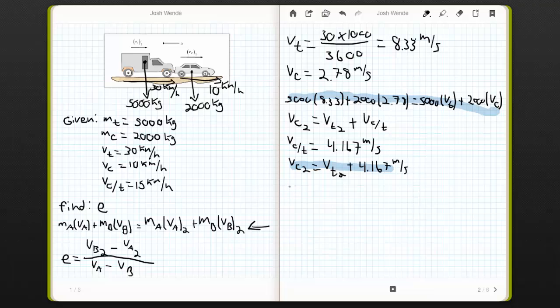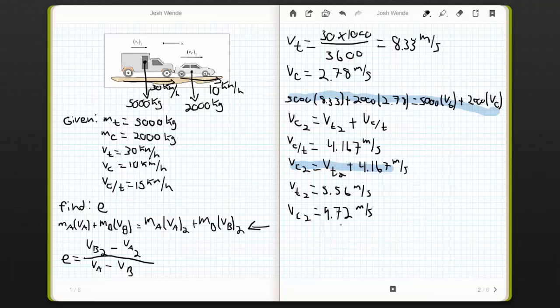But using the solve function on the calculator, we get the final velocity for the truck equal to 5.56 meters per second, and the final velocity for the car equal to 9.72 meters per second.